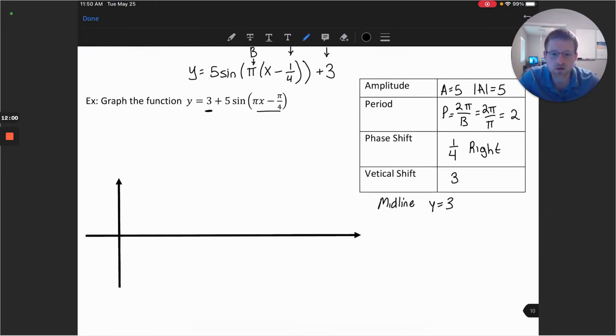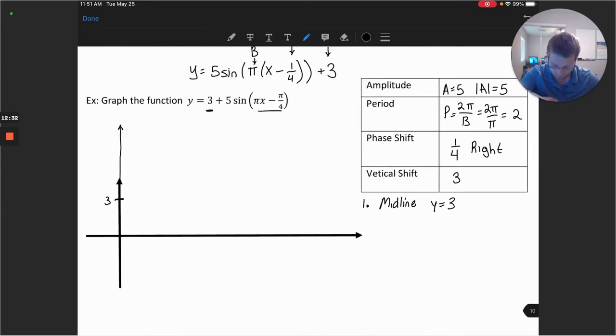So again, I'm going to start with the kind of combination of information with the amplitude and the midline. So I'm going to start with the midline. This is kind of like number 1. The midline is at 3. So I'm going to actually extend this graph just a little bit because I know we're going to need some more space. And I'll put 3 maybe right here. So this is my midline.